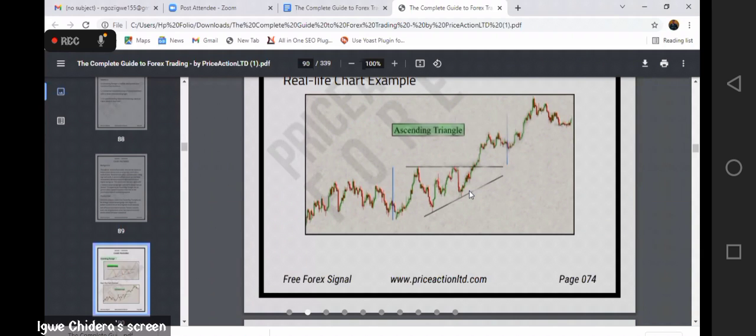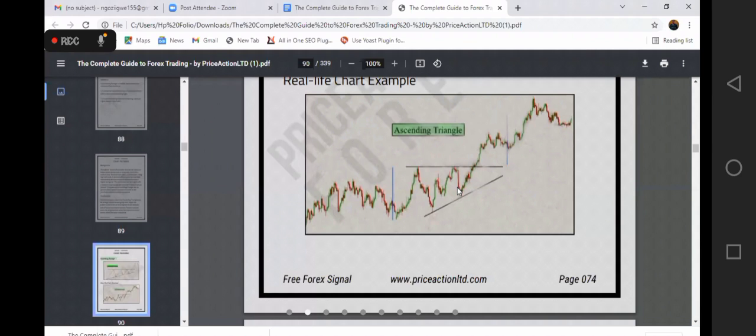I hope you are getting the point. Now a breakout occurs and the movement rallies.